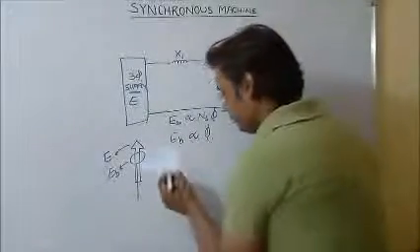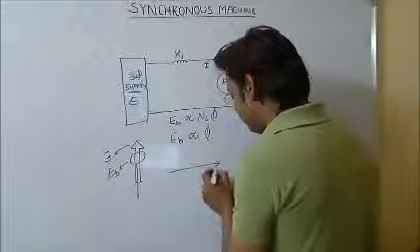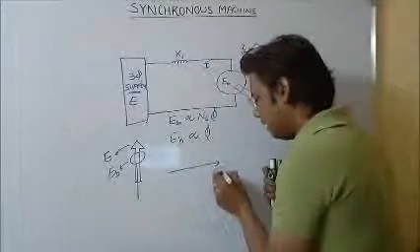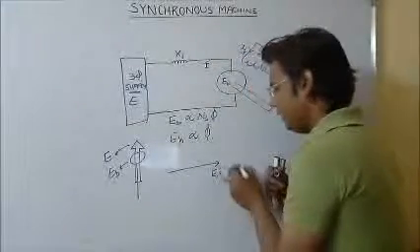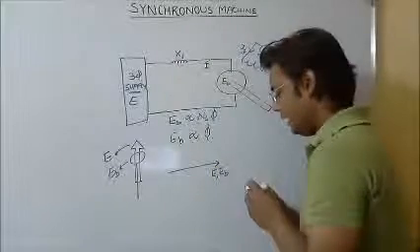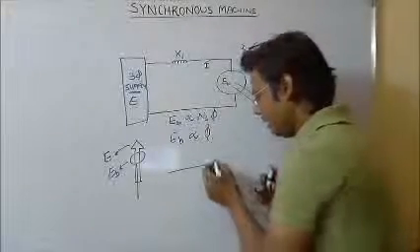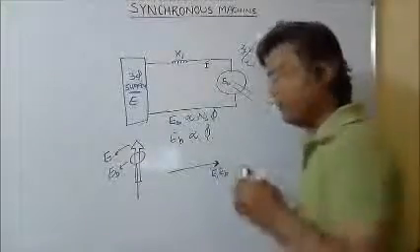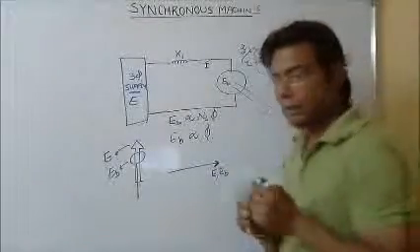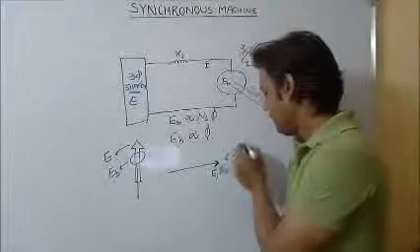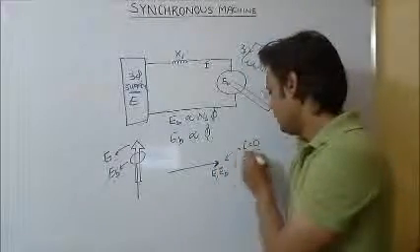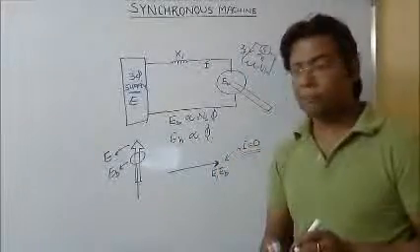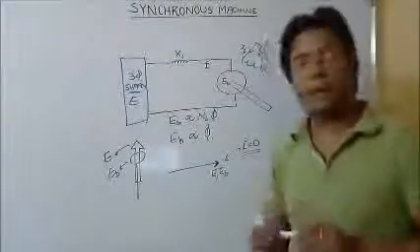So at no load, E and EB will be equal. I can say that this is the condition when I equals 0. So at no load, E and EB are equal.